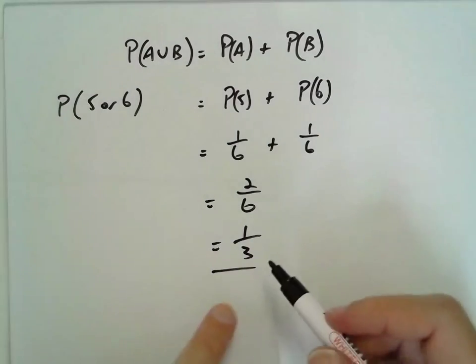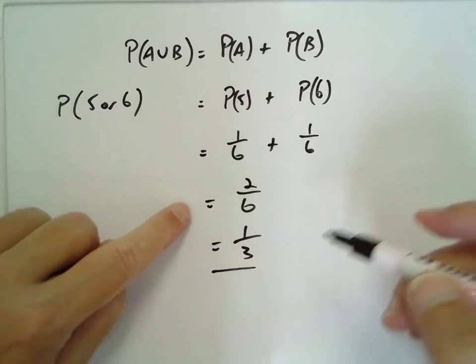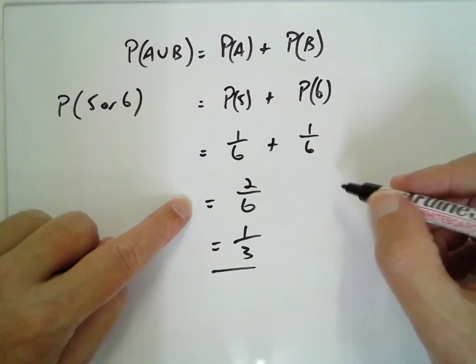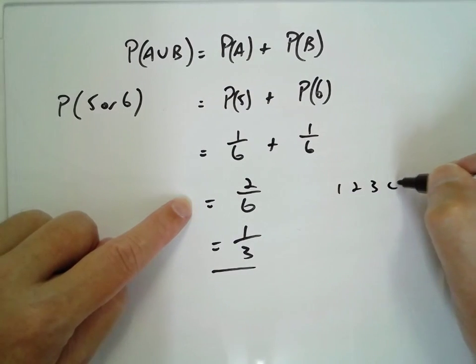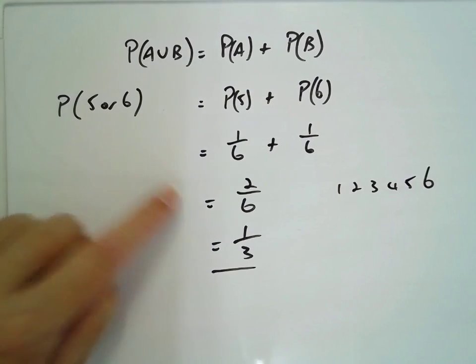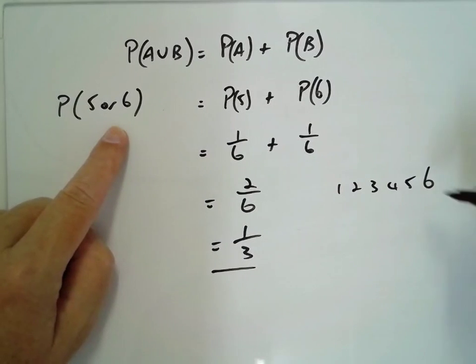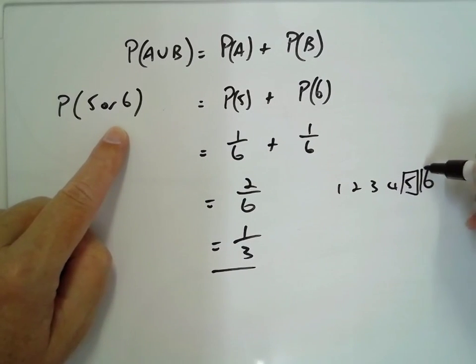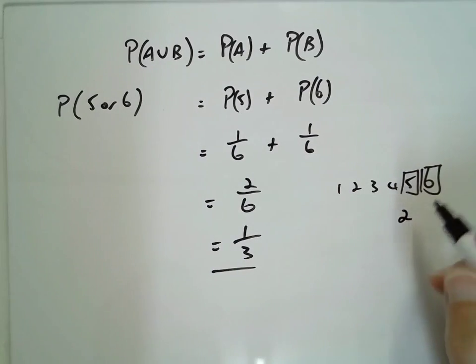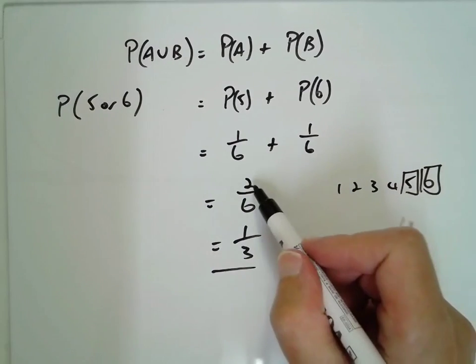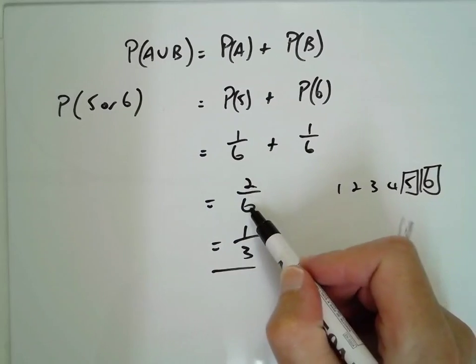So let's think about our answer. Let's think about our sample space. When I roll a die, the possible outcomes are 1, 2, 3, 4, 5, or 6. For rolling a 5 or a 6, there are 2 of my wanted outcomes, and there's 6 possible outcomes.